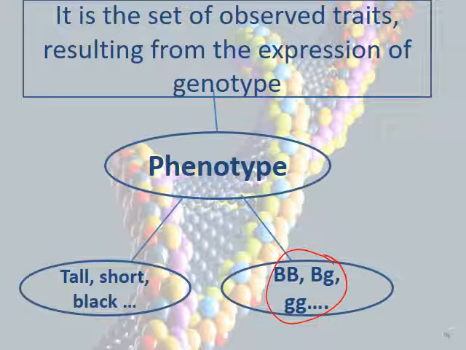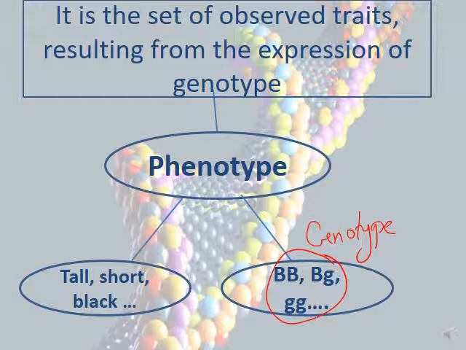BB, BG, GG are non-examples, they are the genotype. So as a summary: genotype is the set of genes and their corresponding alleles, and phenotype is the set of observed traits resulting from the expression of the genotype.